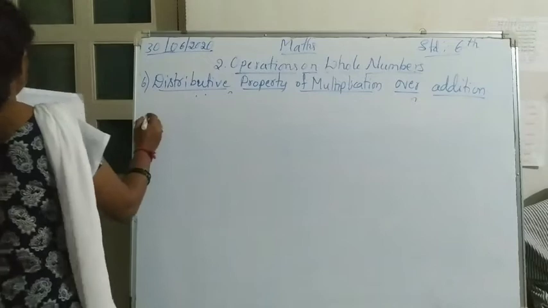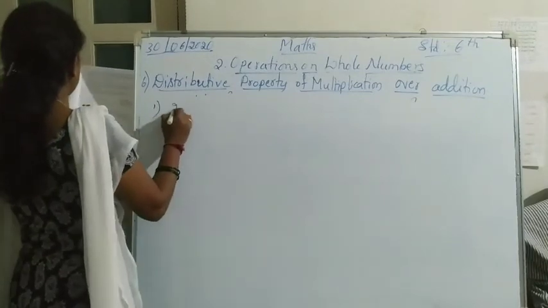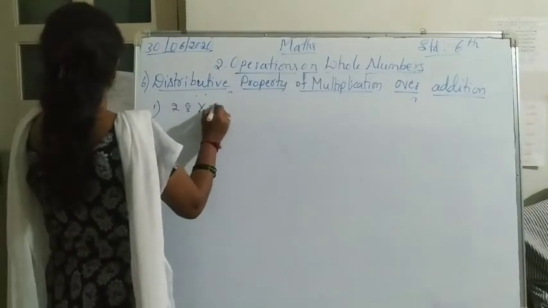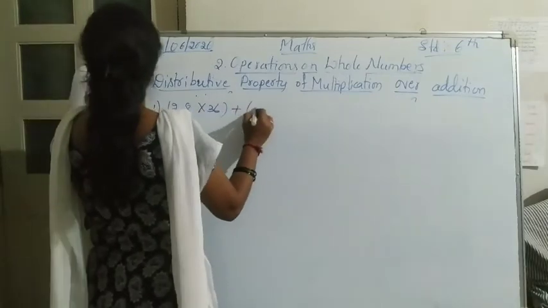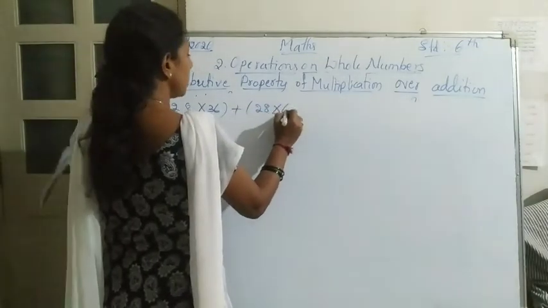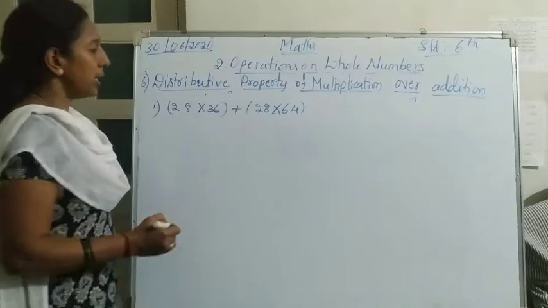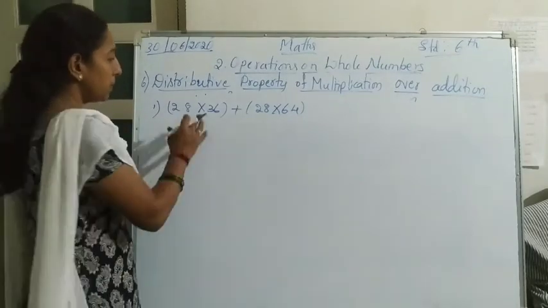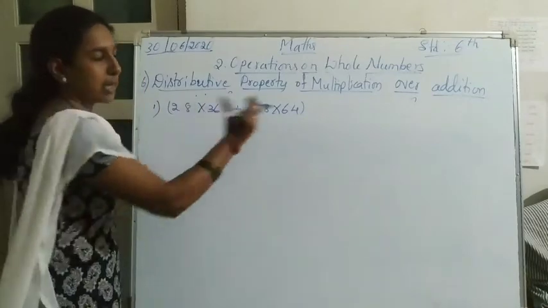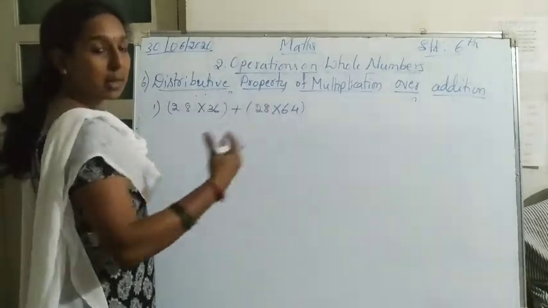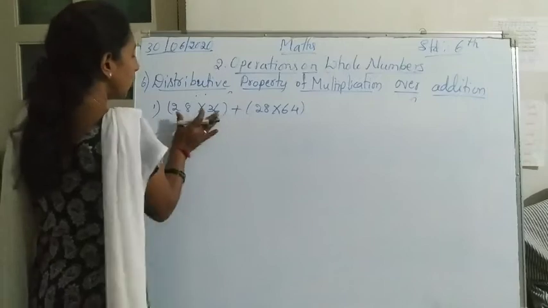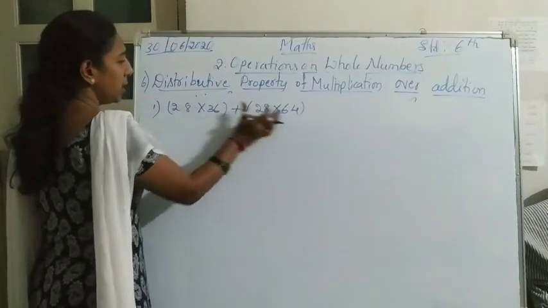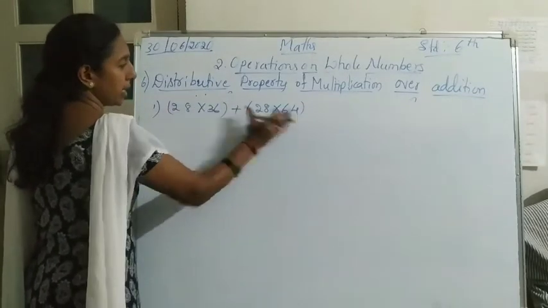So let me take one example. 28 into 36 plus 28 into 64. Okay, here if you see, this is in the form of the second part, that is the RHS part. Here in both the sides, here bracket is there.